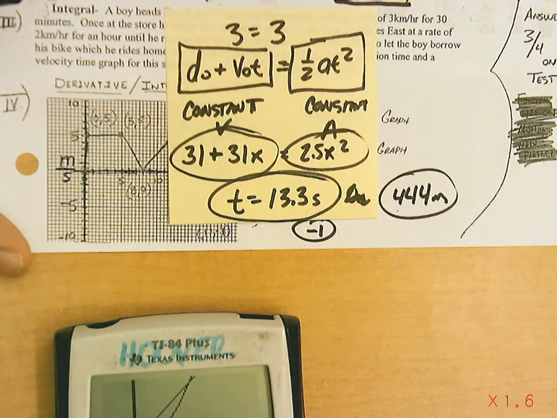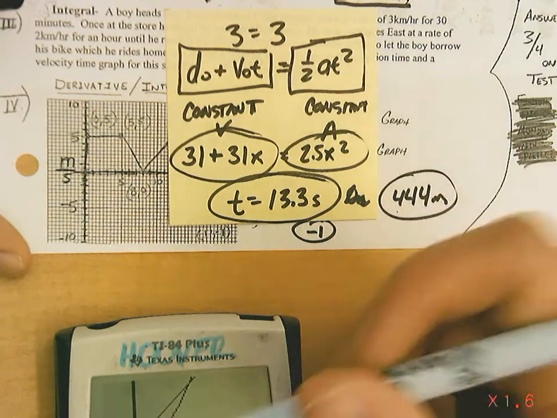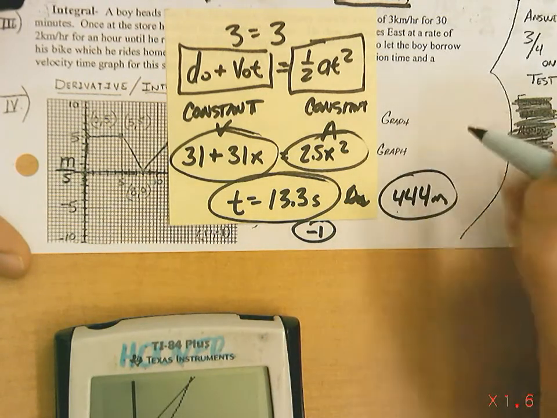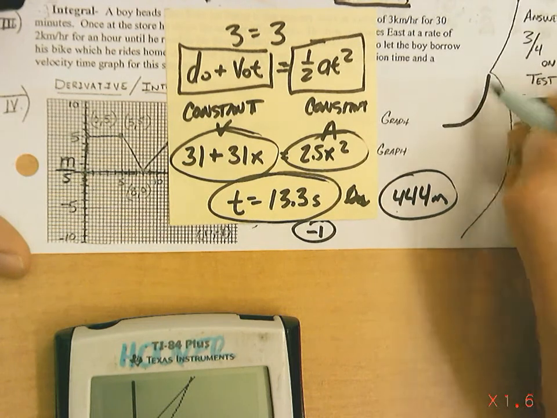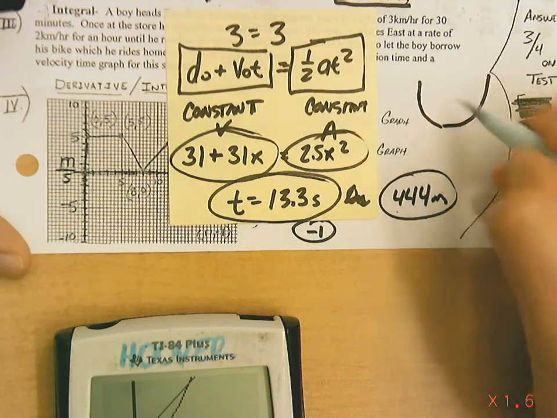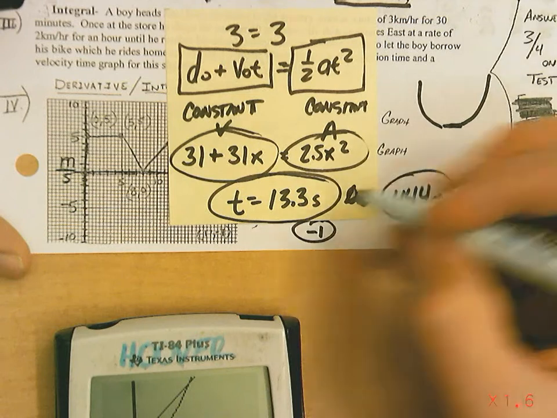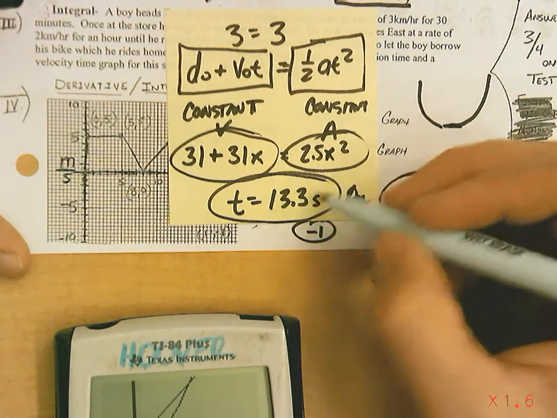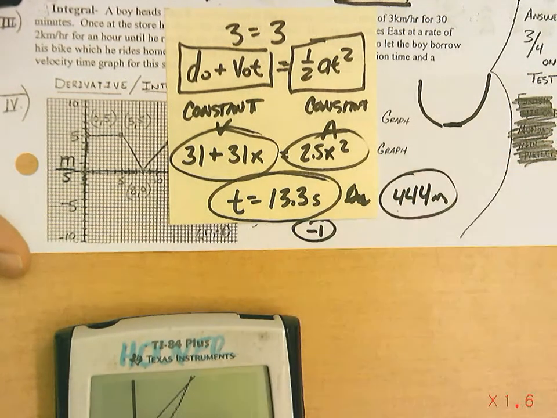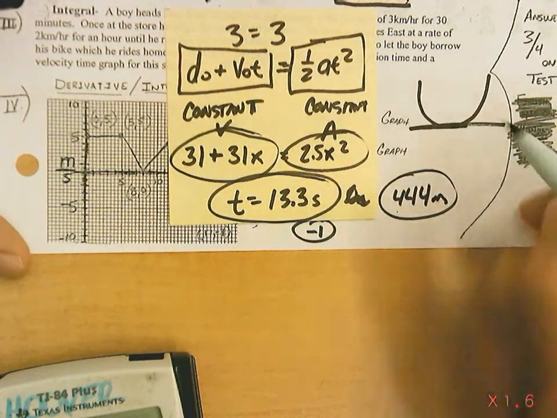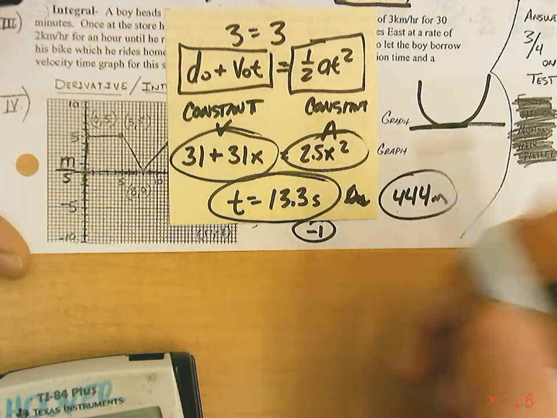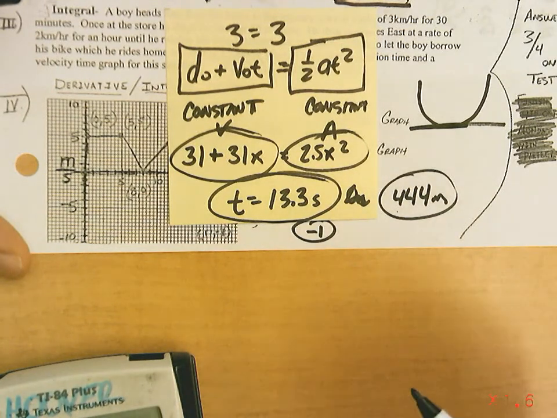Those are the 2 times when they have the same position. And the parabola doesn't really totally match because this is kind of a hard thing to explain, but the parabola has kind of a flat portion to it. So 13.3 is what's really mattering. Let's not worry so much about the -1. But that's the truth of it. And I don't want to get into that a whole lot. That's kind of a difficult thing, but it does affect t-catch when they have the same position.